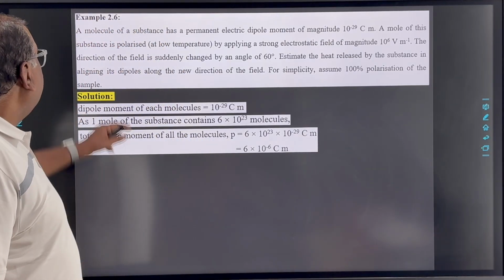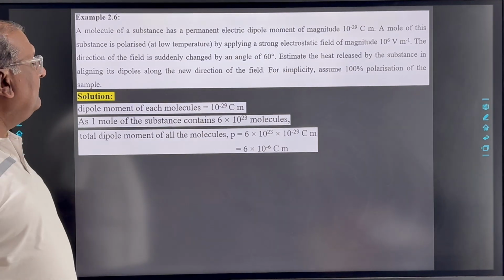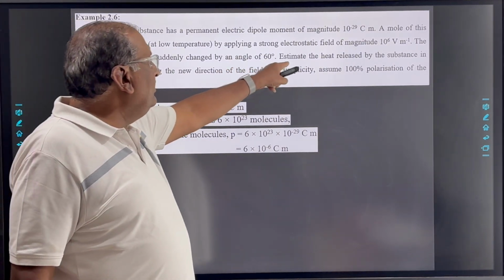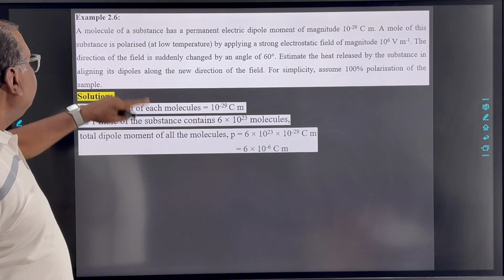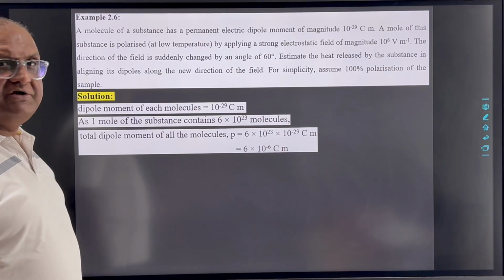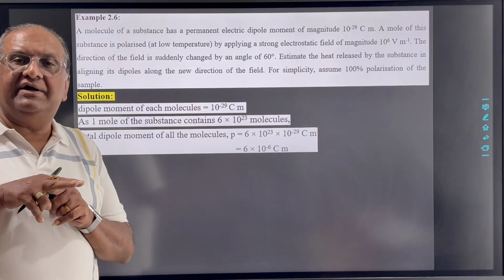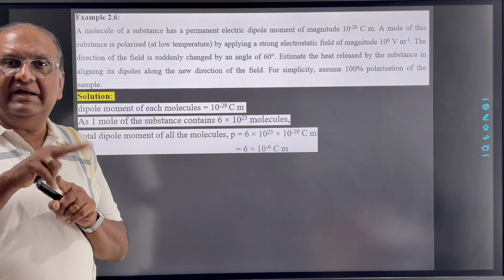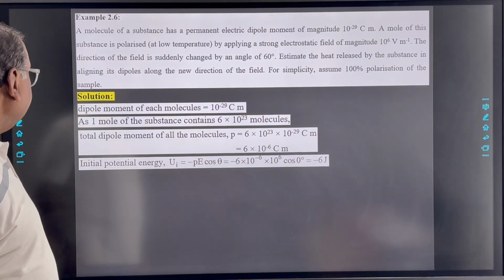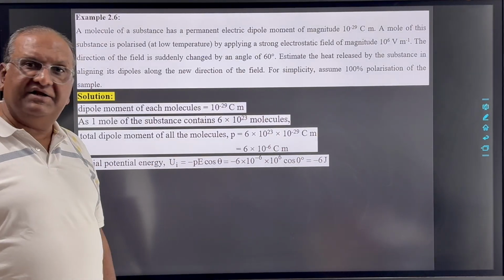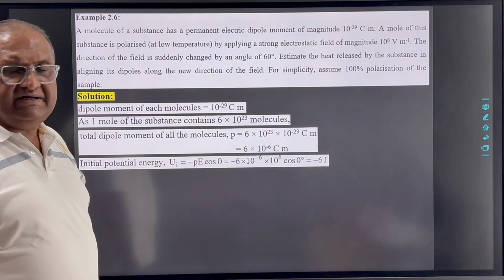Now the direction of the field is suddenly changed by an angle of 60 degrees, and we have to calculate the heat released by the substance in aligning its dipole along the new direction of the field. It implies that we have to calculate the work done to align this dipole with the new direction of the field. So the initial potential energy is minus PE cos theta.